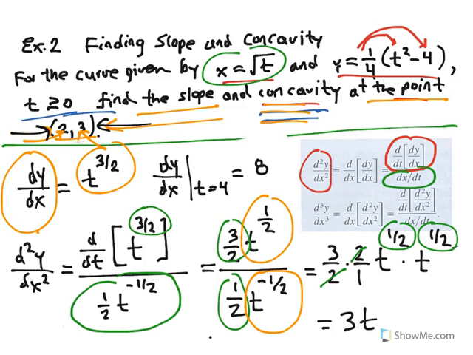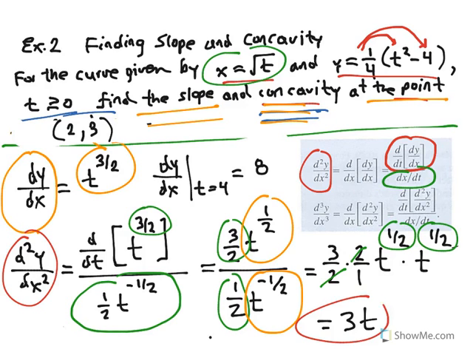To answer the question about determining the concavity of the curve at the point (2, 3), remember, at the point (2, 3), x is 2 and y is 3. But when you look at the second derivative, there's no x or y there. It's a function of t. So again, you have to know that you will have this point when t is equal to 4, because the square root of t gives you x, and the square root of 4 is 2.